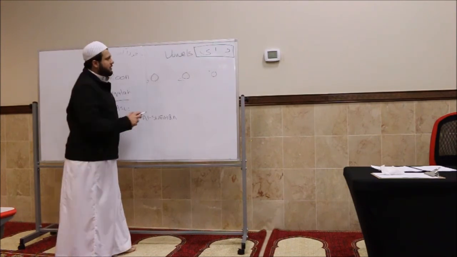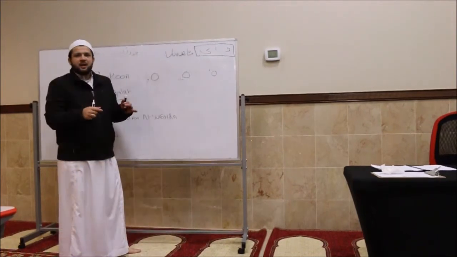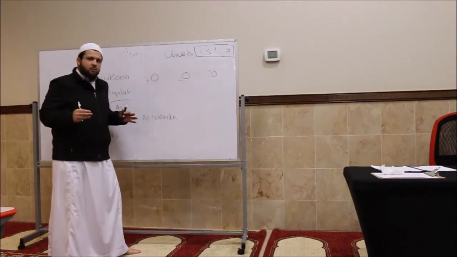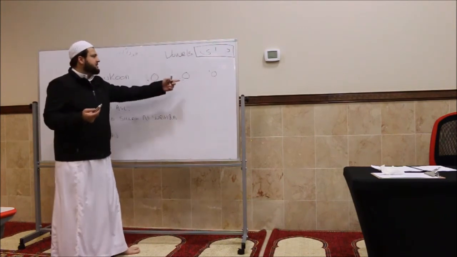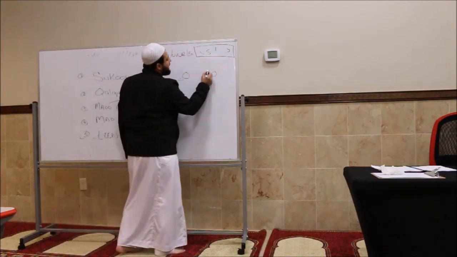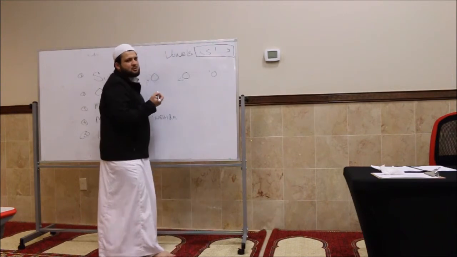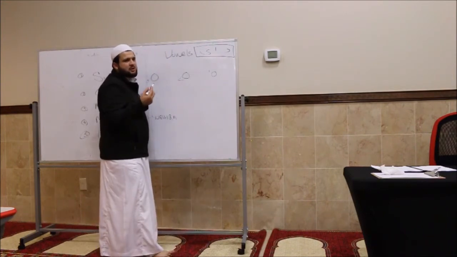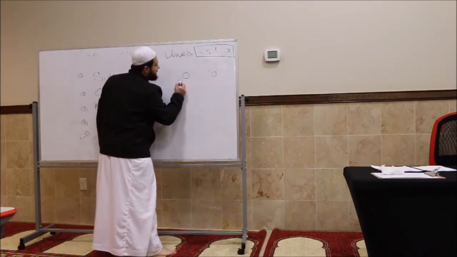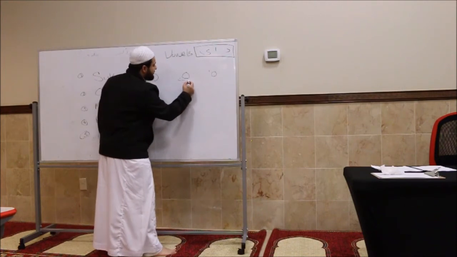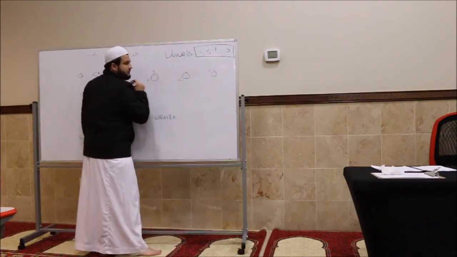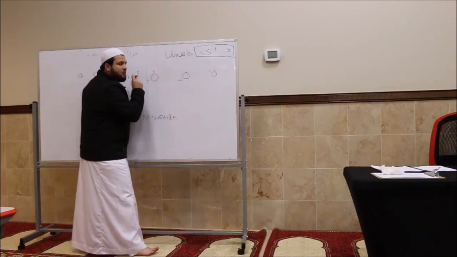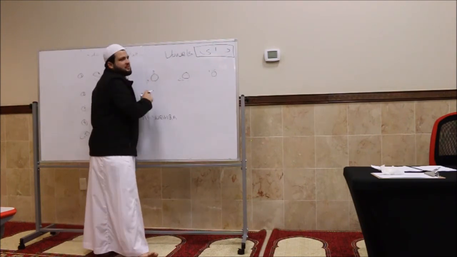If it comes as part of the word, then it will be mad asli. If you see an alif like this, that means you have to stretch it, the same way as you would stretch mad asli. If you see a small ya like this after a kasra, you have to stretch it, right? If you see a small waw, which is not part of the word, you still have to stretch it.